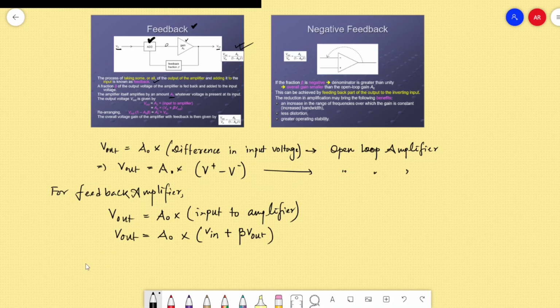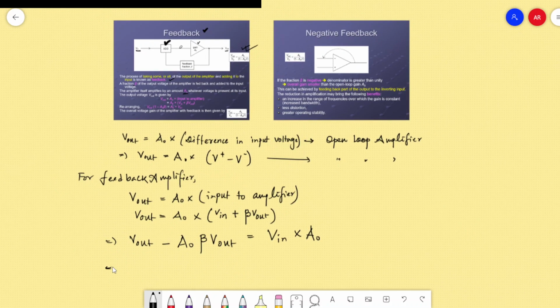Now if I just simplify, taking all the V out on the same side, this is V out minus A naught beta V out, isn't it? This equals V input times A naught. Taking V out common, it is 1 minus A naught beta, and this is V input times A naught.